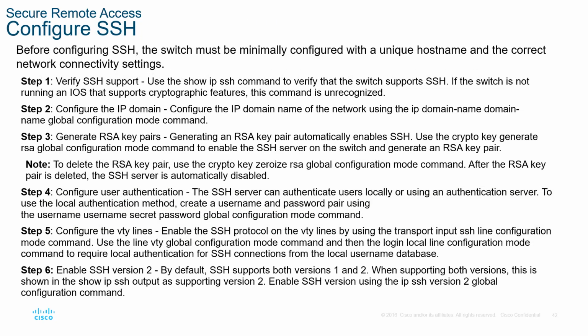So how do you configure SSH? Again, we have a lab that will do this, but we have 6 general steps on configuring SSH. So the first step is you have to verify the switch actually is able to handle SSH. What you can do is look at the version, look at the cryptography settings to see if you can. Or a lazy way of doing it is you can actually do a show ip ssh command.